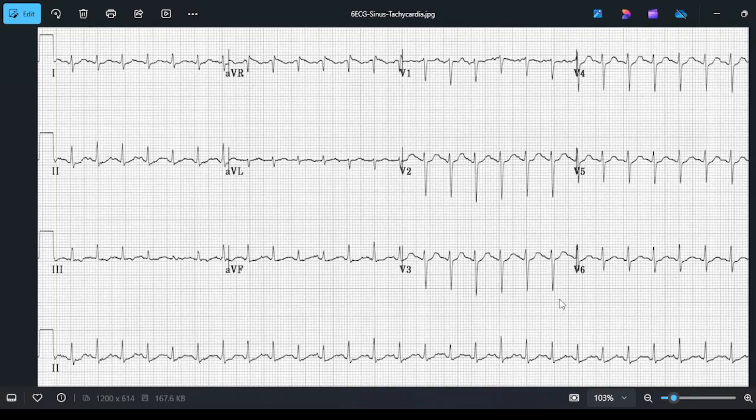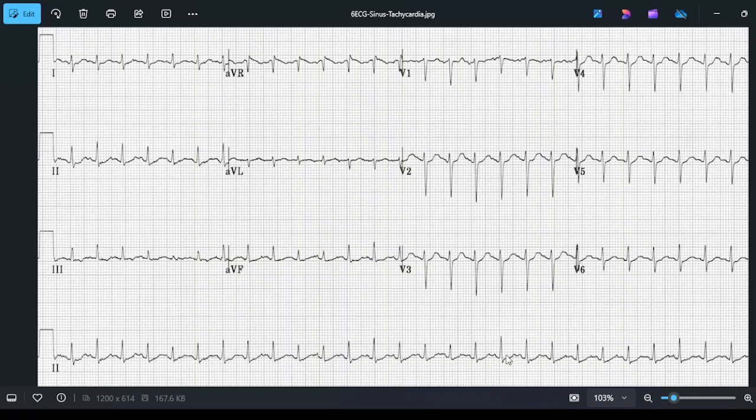So this is the R to R. Now it is less than 2 boxes, and then this is also less than 2 boxes, near about 2 boxes. R to next R, near about 2 boxes. This R to next R is 2 boxes. So all the RR intervals are equal.